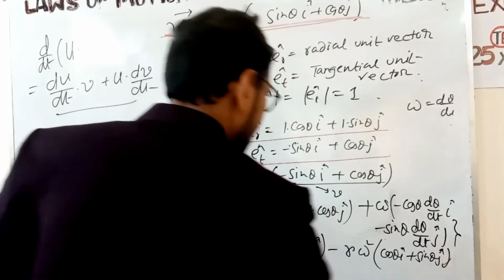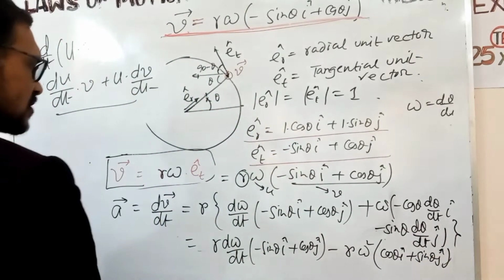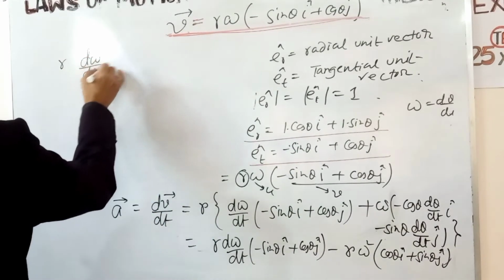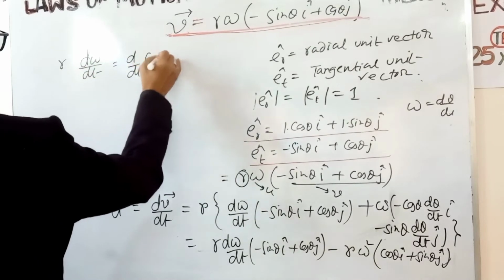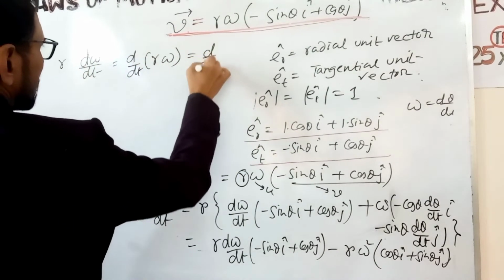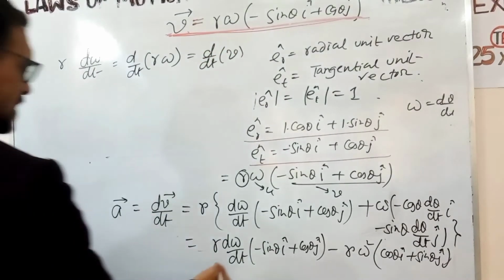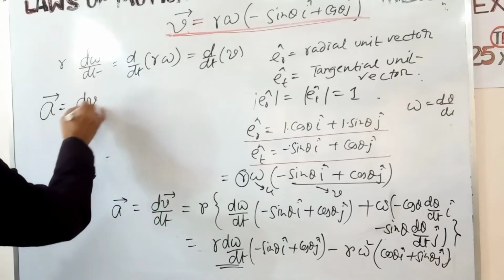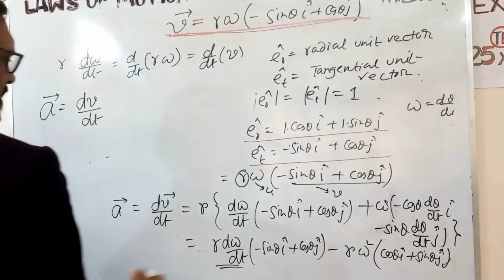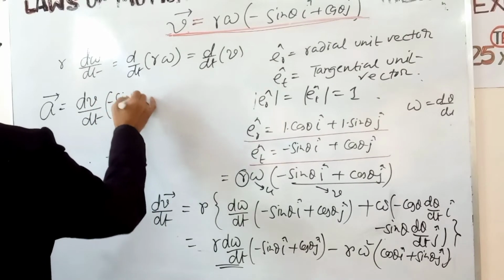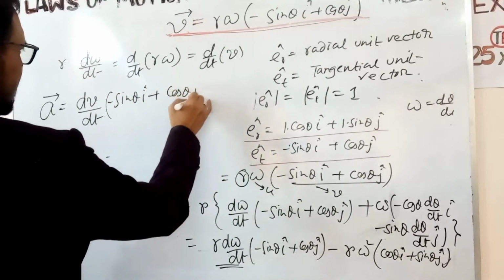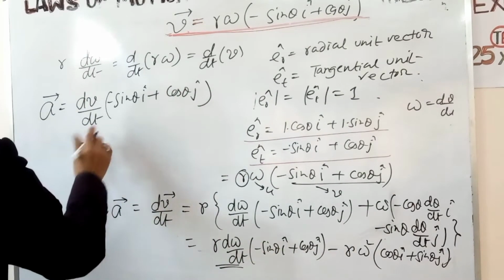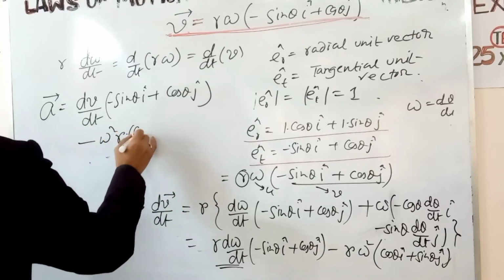So we get the acceleration equal to this. Now what is r d omega by dt, equal to d by dt of r omega? We know r omega equal to v, so this is equal to dv by dt. So we get acceleration equal to dv by dt into this, plus minus omega square r into this.